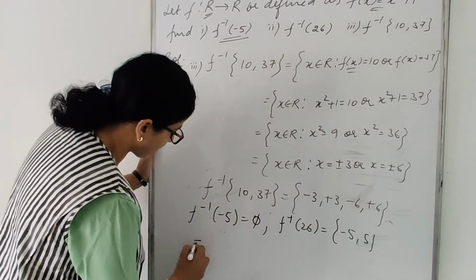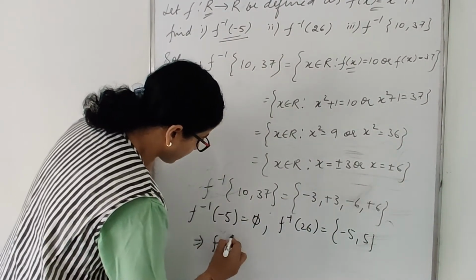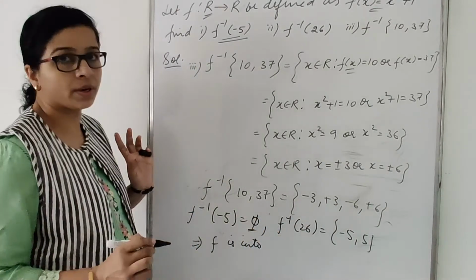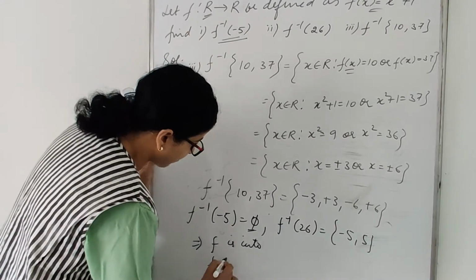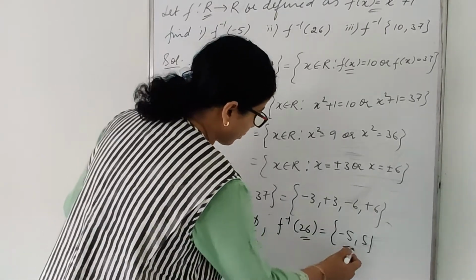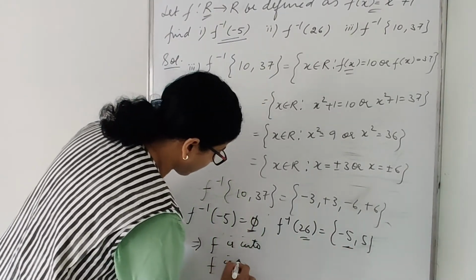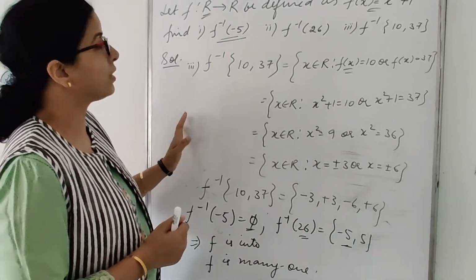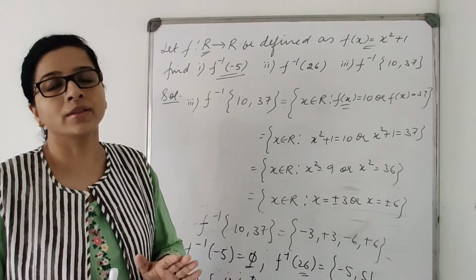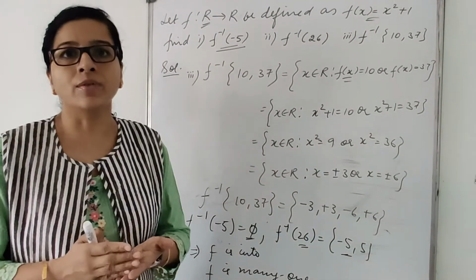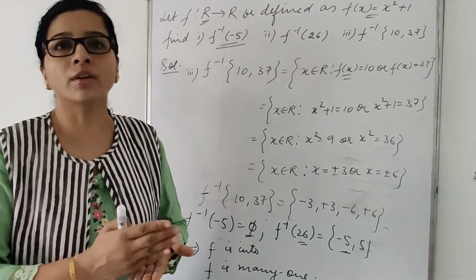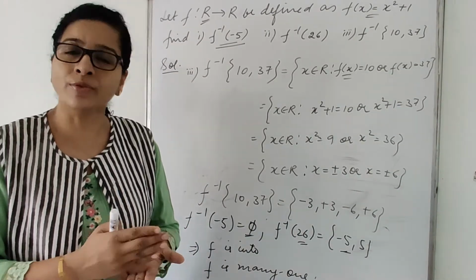So it means my function is into, because for every element I don't have a pre-image. Secondly, for 26 I have two images, means f is many one. So when we are talking about the inverse of an element, we can have an inverse, we cannot have an inverse, we can have more than one inverse depending upon the type of function.